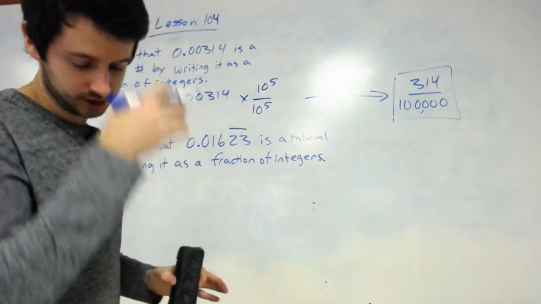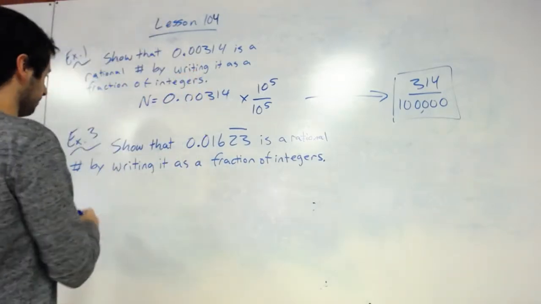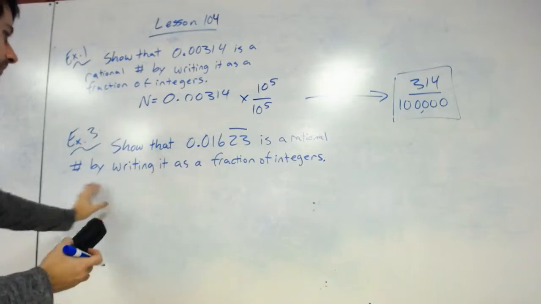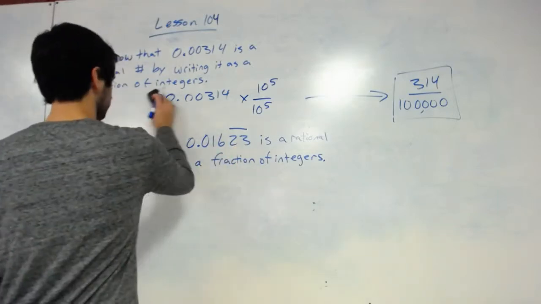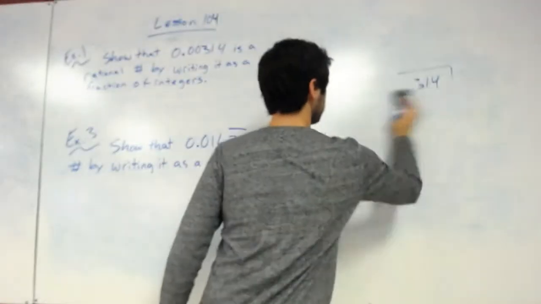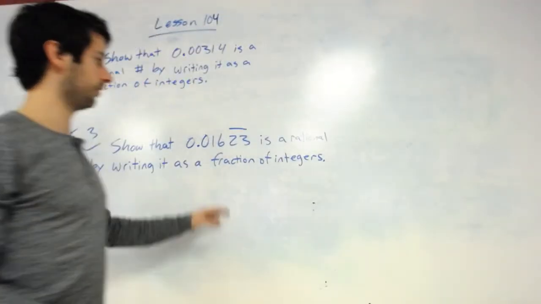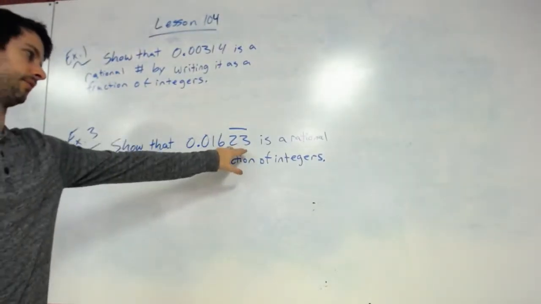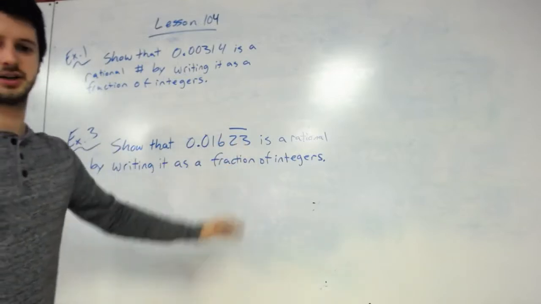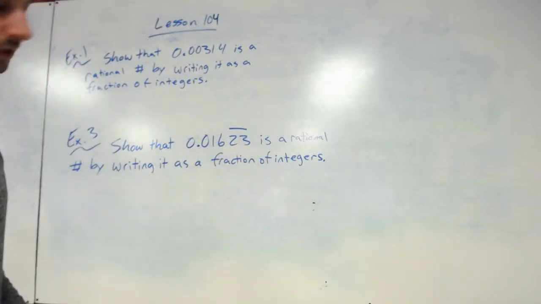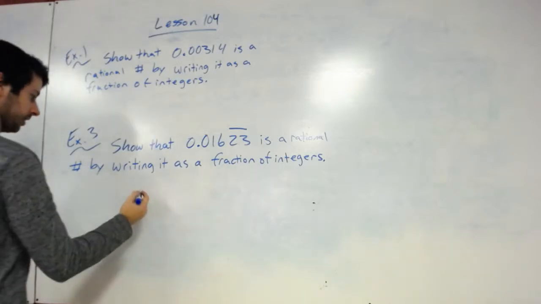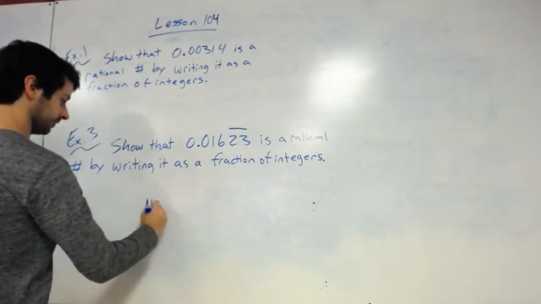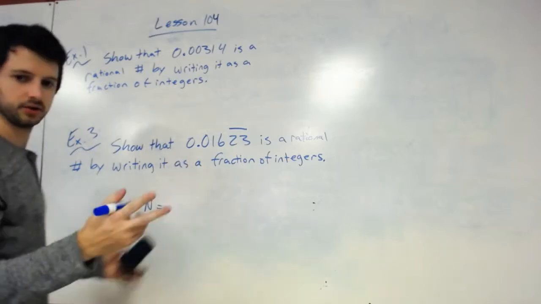So those ones are easier where it's terminating decimals. It gets a little more tricky when we use repeating numbers. So let's talk about writing rational numbers that have repeating numbers as a fraction of integers. We're going to look at this in steps. The first step is to write down this number in what we call expanded form.